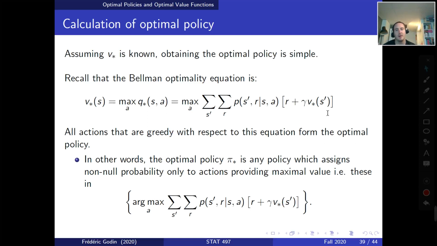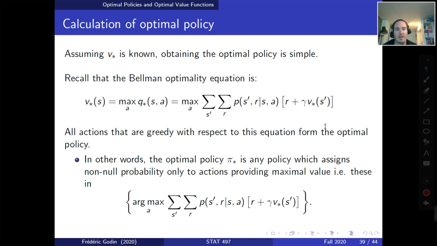So this recursion provides a way to obtain the optimal value in state S, but then what's the optimal action in state S? The optimal action is simply the action which reaches this maximum.